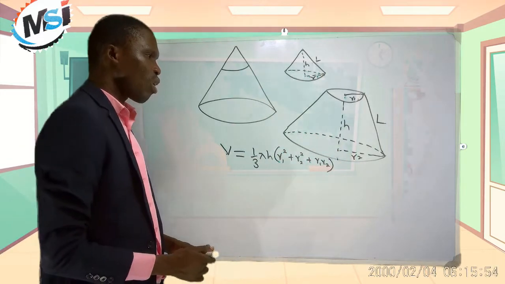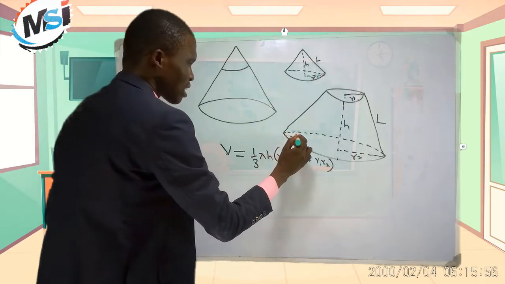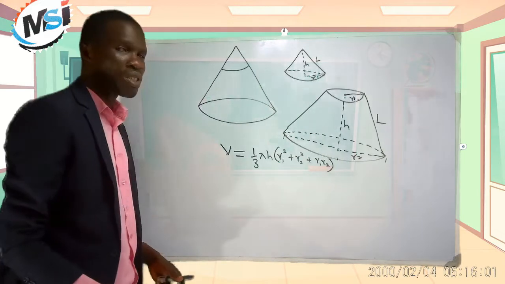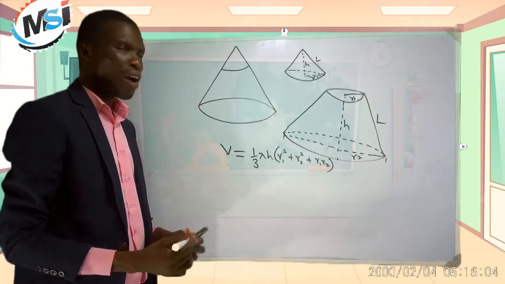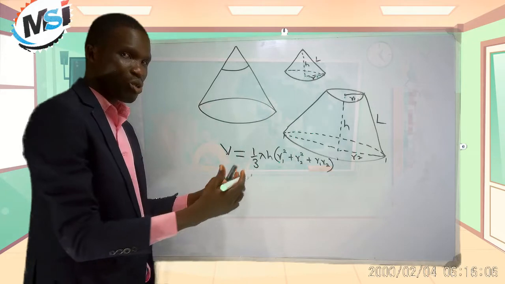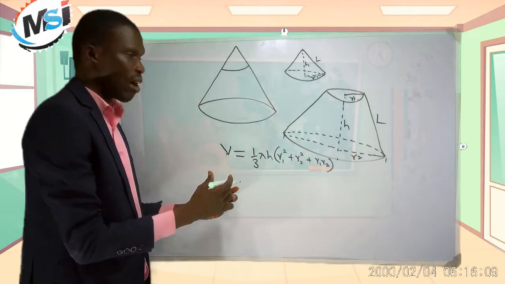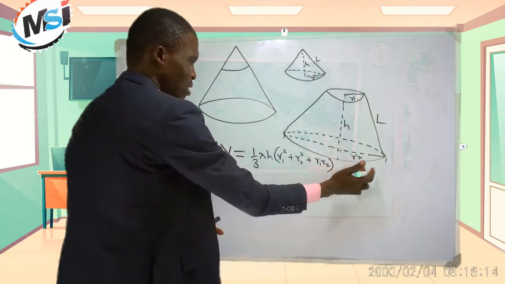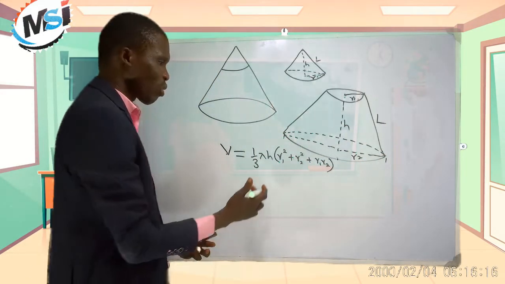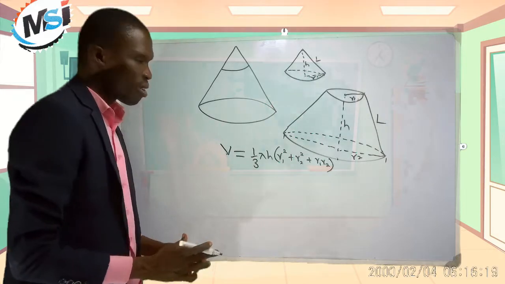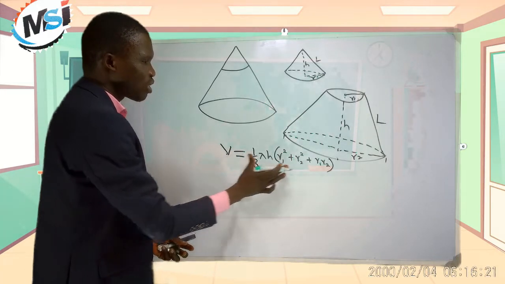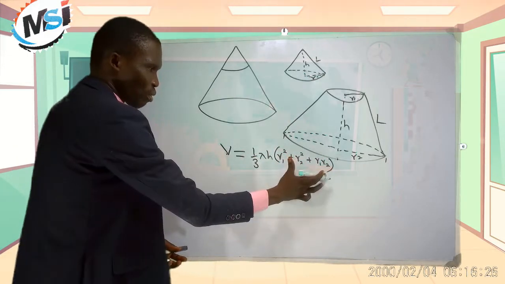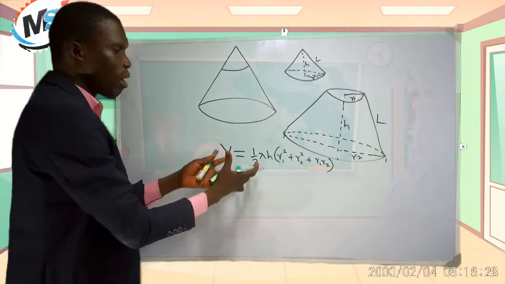Now you understand that the distance from here to here is what we call diameter. So I'll be solving questions related to that. That is why I'm giving you this hint now. From here to here is diameter. Half of a diameter is called radius. So from here we can now say that volume of this frustrum, which could also be called the capacity of the frustrum, because I'll be solving questions related to that.